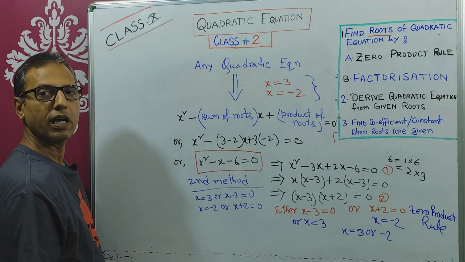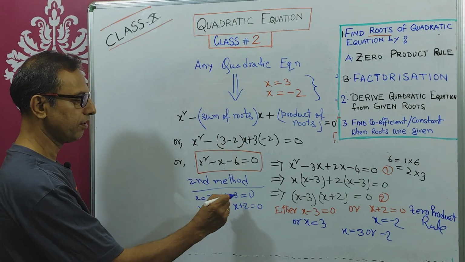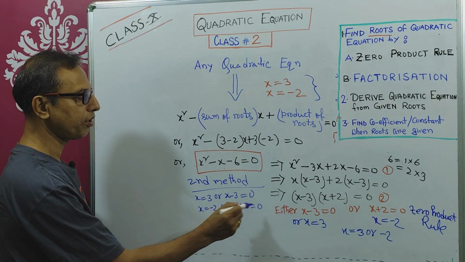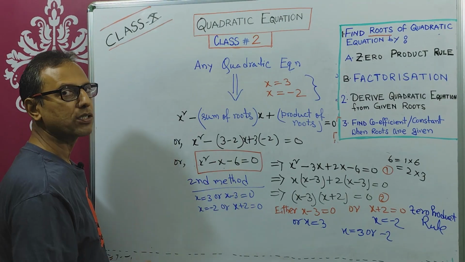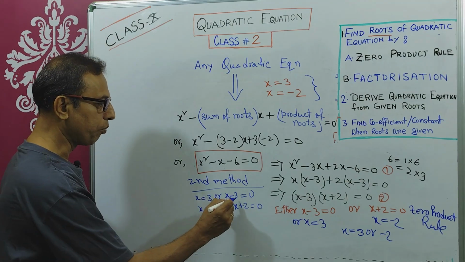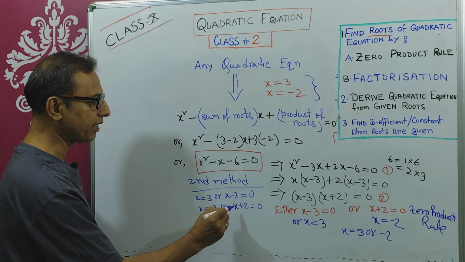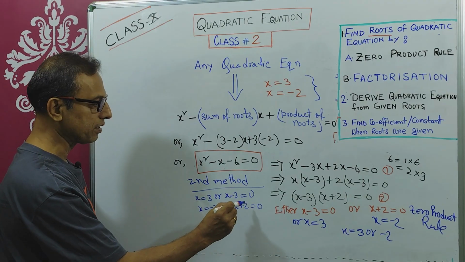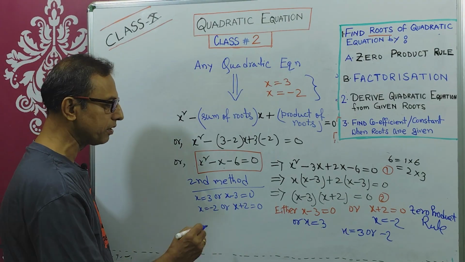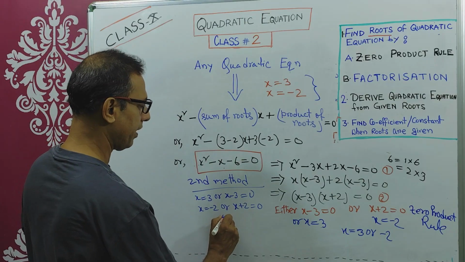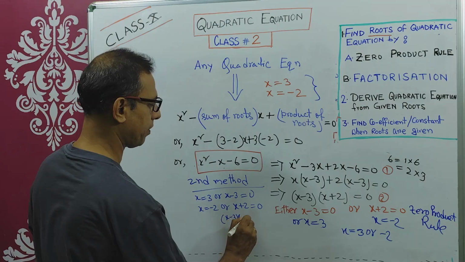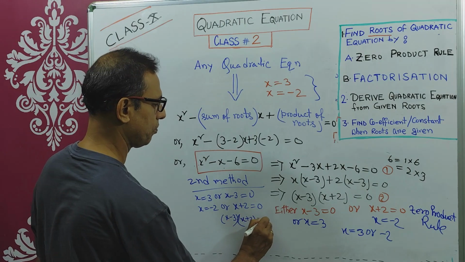So two factors we have derived: x minus 3 equals 0, x plus 2 equals 0. Now you apply the zero product rule. If any of them is 0, that means their multiplication result will be 0. That means x minus 3 into x plus 2 equals 0.